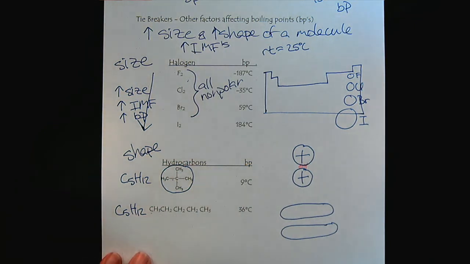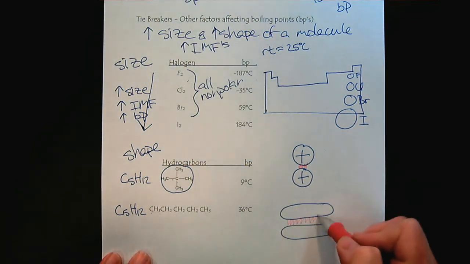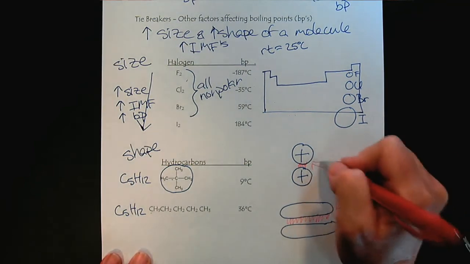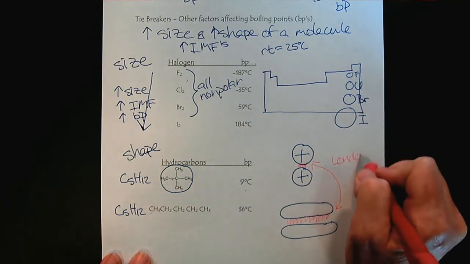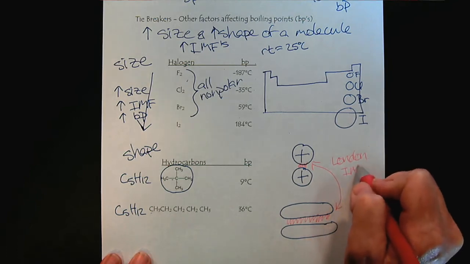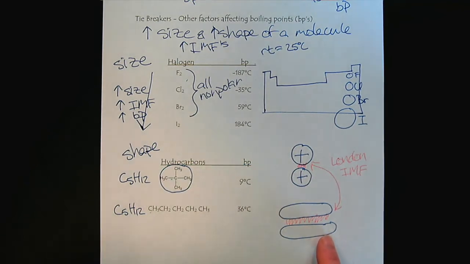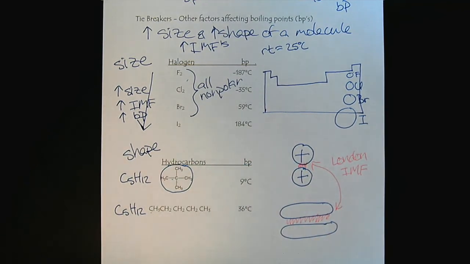And so now we have all of this surface area that is a potential for the London force IMF. So we can see here is an example of the shape. Straight chain organic molecules will have a higher boiling point than branched organic molecules.